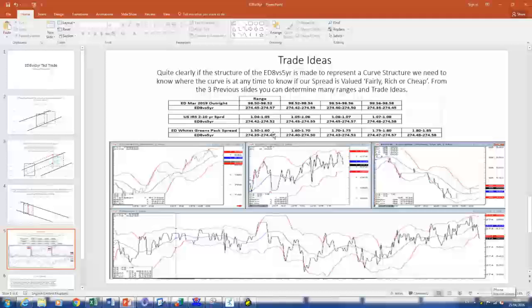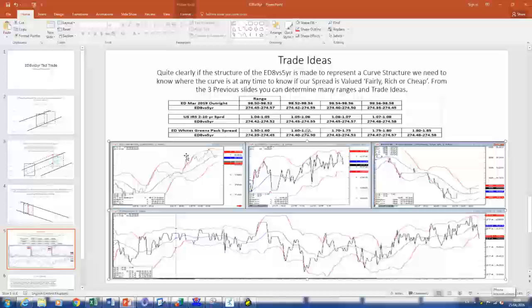It's not to say these are set in stone, but if you're a new trader, you look at the white screens pack spread, it's trading 170 to 175. Malcolm says, the chart says, the data says that the spread should be trading 274.43 to 53. Is it at the bottom of that range? Is it at the top of that range? Is it out of that range? That should raise alarm bells.